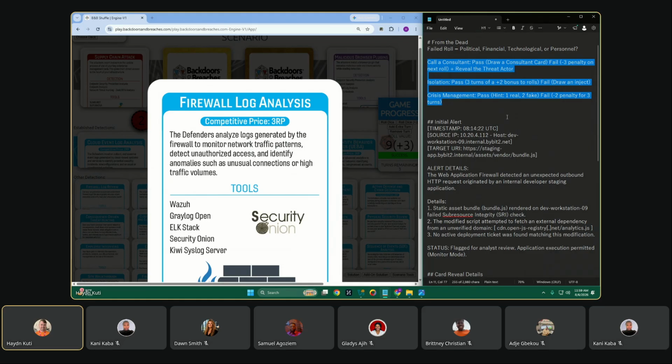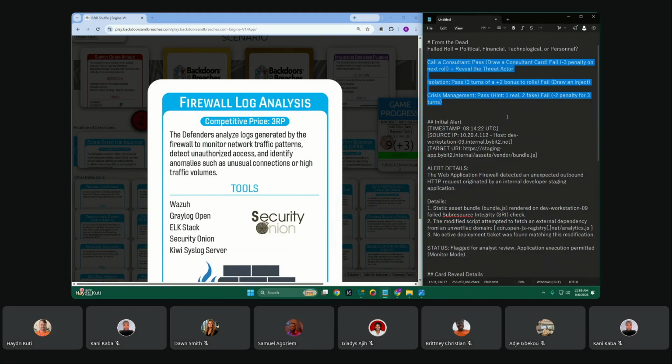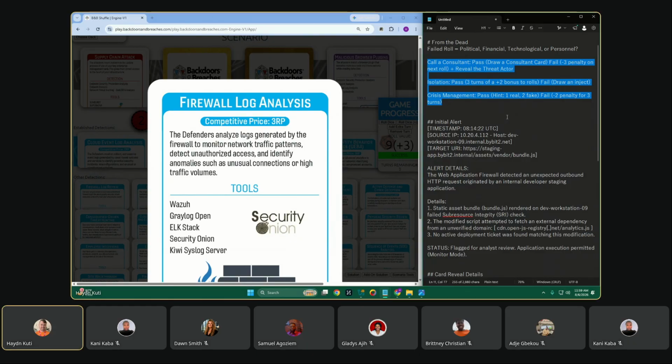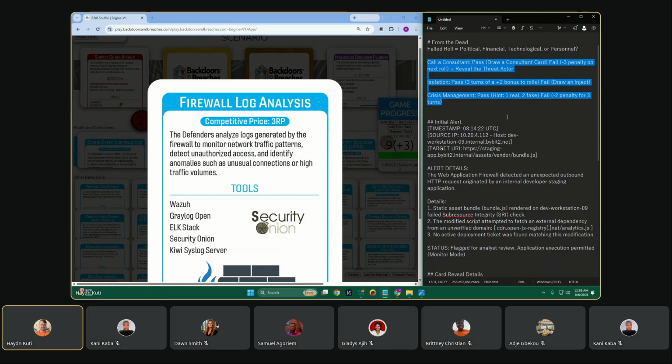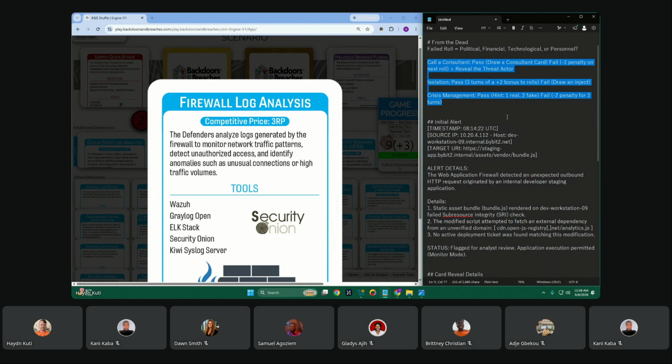Isolation will give you guys 3 turns of a bonus to your rolls. With 3 turns left, that would mean if you pass, you get 2 turns with a bonus to your roll. And failing would get you an inject. I'm thinking we need to isolate because we know our workstation now.